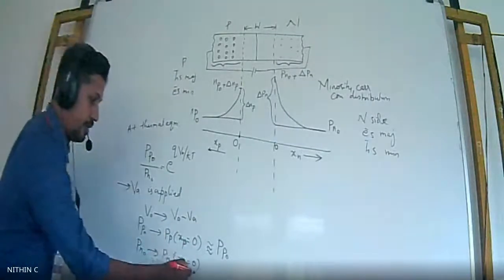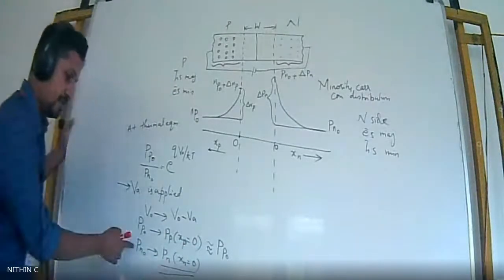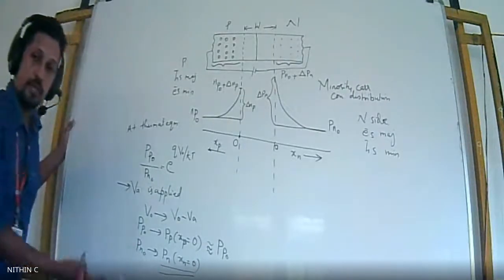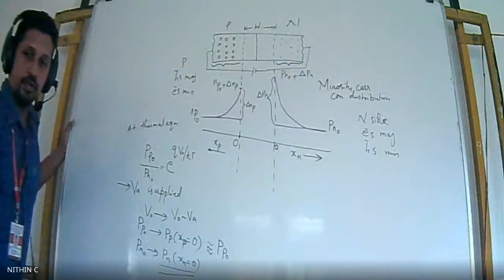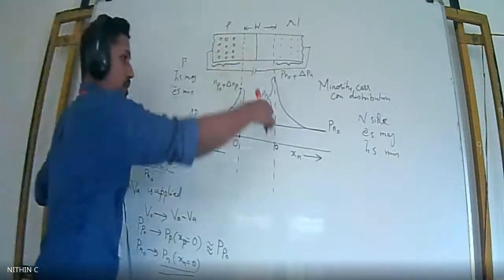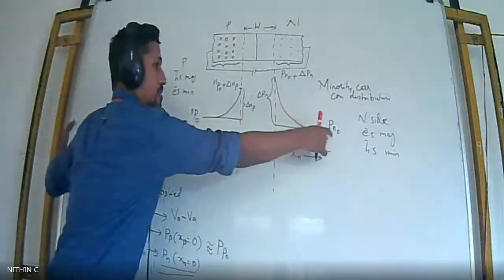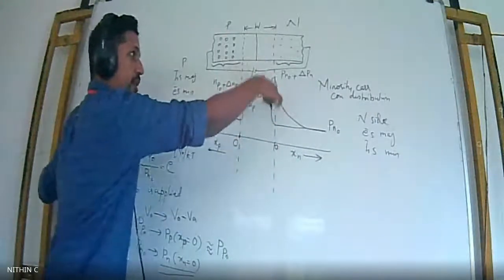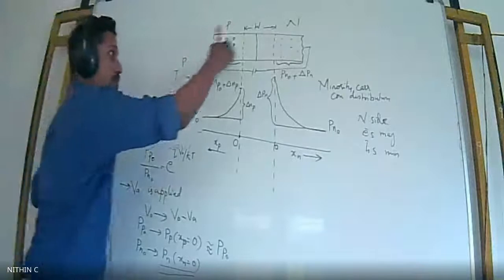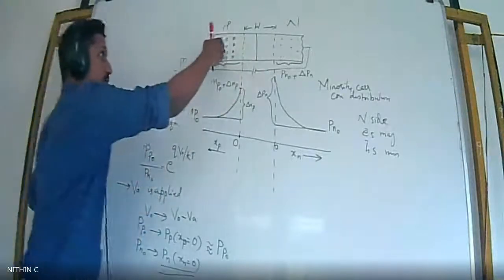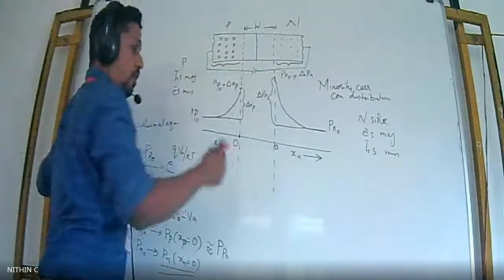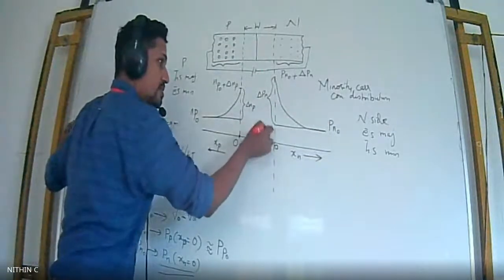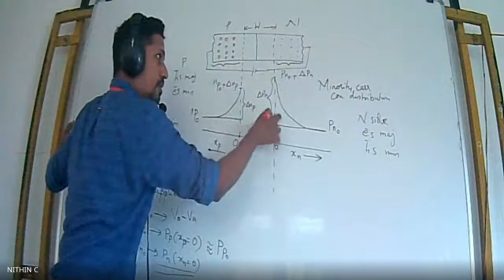But the value on the N side will not be like this, since this is a minority carrier. The holes on the N side are actually minority carriers, and there will be a change for that. The minority carrier concentration at xn equals 0 is not Pn naught, it's a different value, right? Understood? Holes are coming from here to there, and holes from there are coming here. So the concentration of holes at this point is not Pn naught, it is a different value.